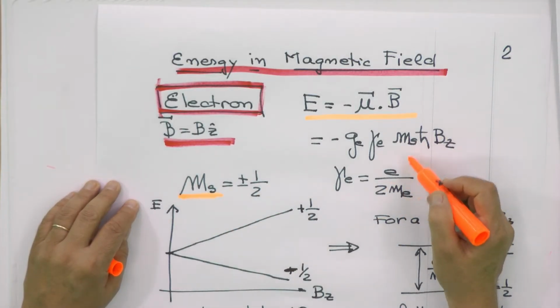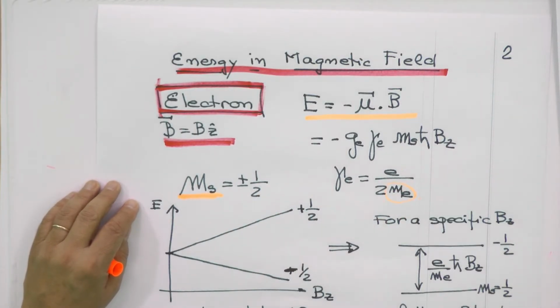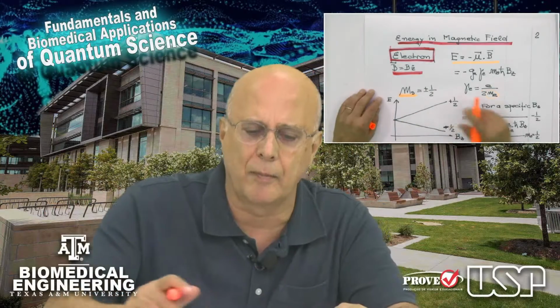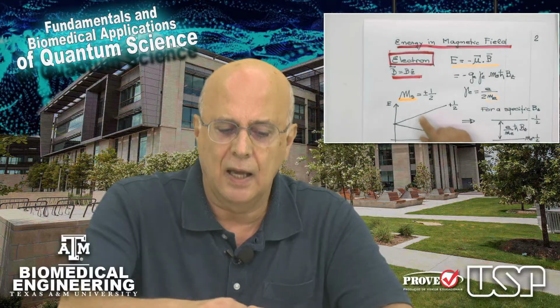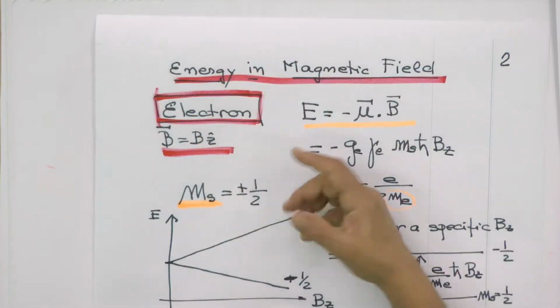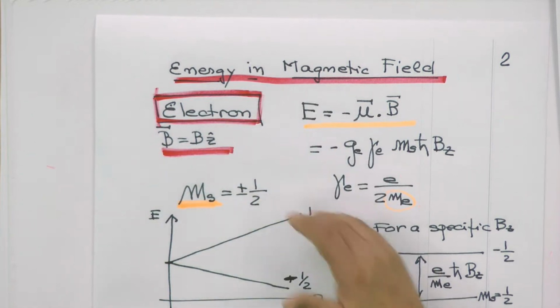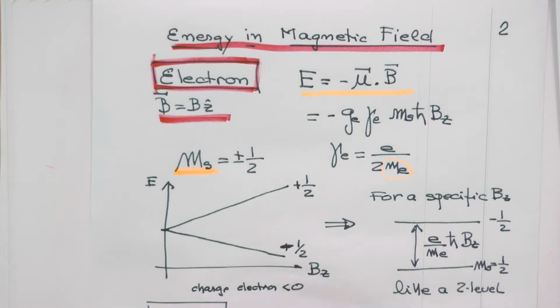I know it's too many m's, but this m is the mass, and this m here is the component of the angular momentum of the electron. And this ms can be plus or minus. This is a number. Of course, the unit of the angular momentum is h bar, but now it's just the projection.